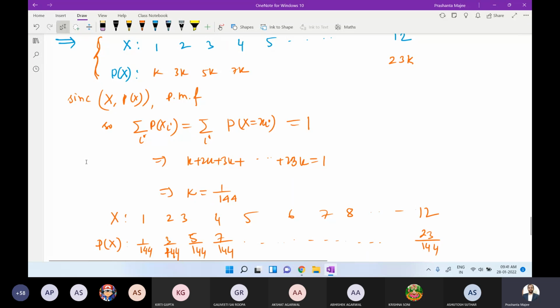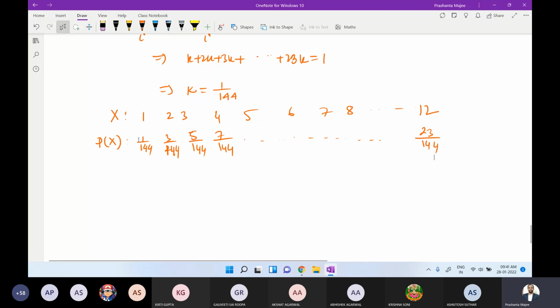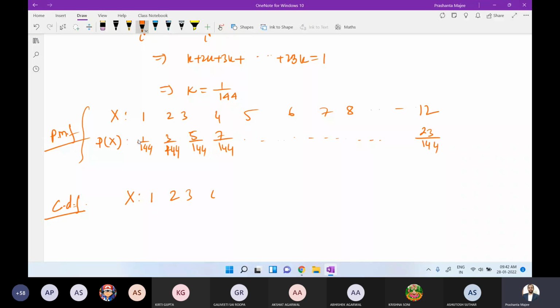What will be the cumulative distribution function? The cumulative distribution function will be the sum of all the probabilities up to that point. So this is the probability mass function, PMF. The cumulative distribution function, CDF: x equals 1, 2, 3, 4, 5, 6 up to 12. And what will be F(x)? What is F1? Sum of all the probabilities up to the point 1. So F1 will be 1 by 144.